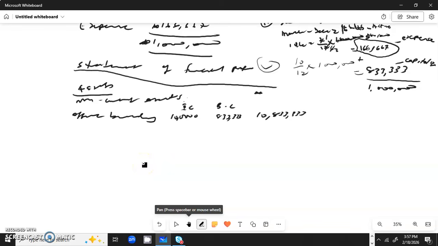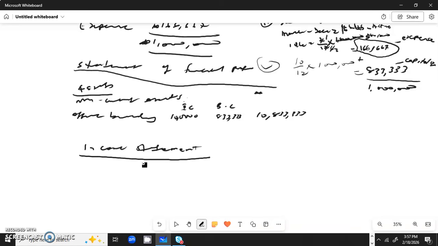Under our expenses in our income statement, we also have our turnover, less cost.